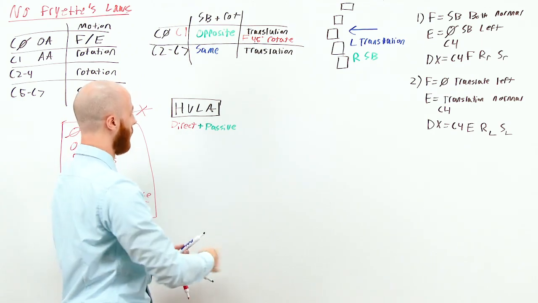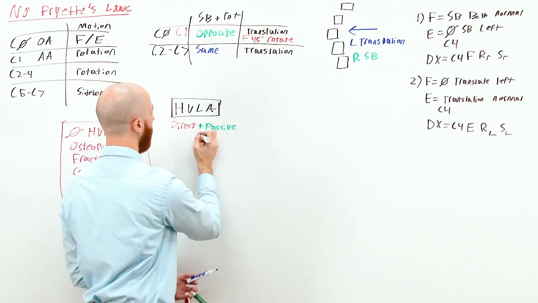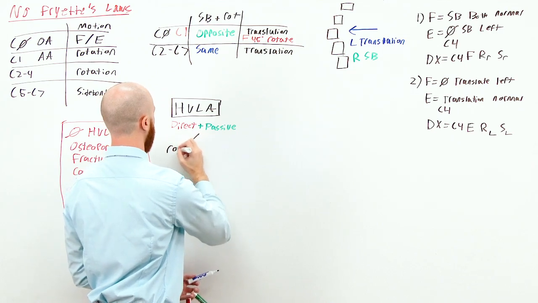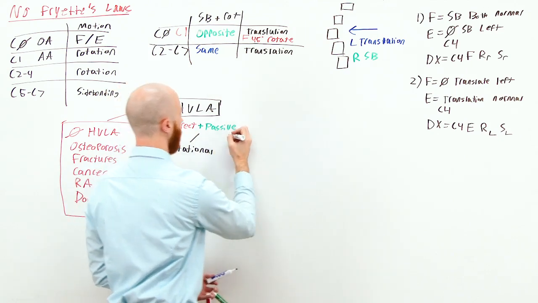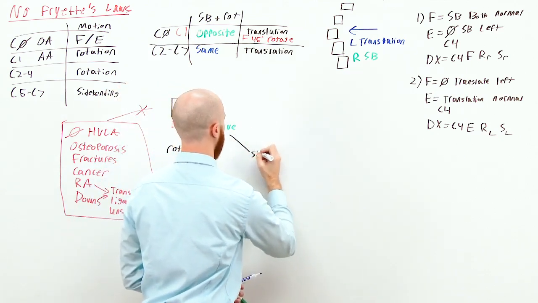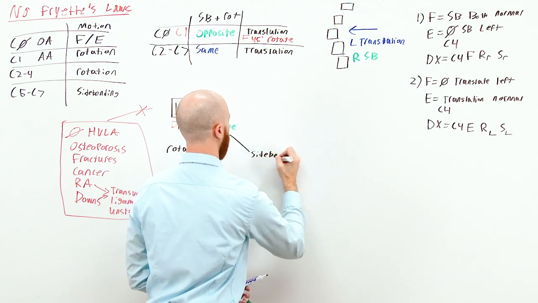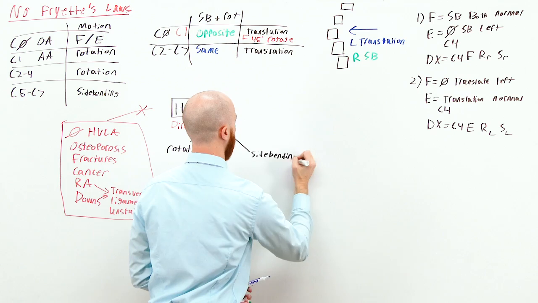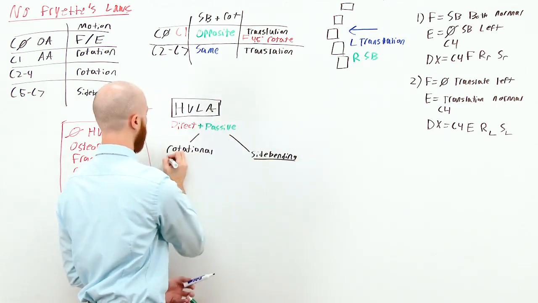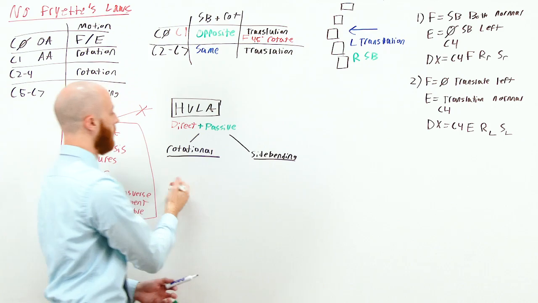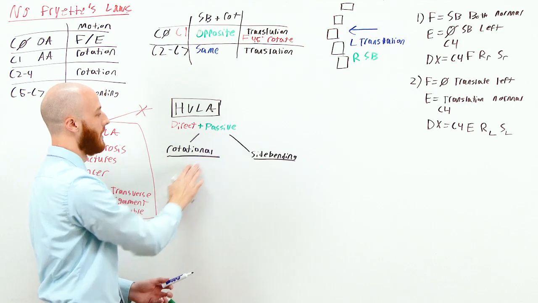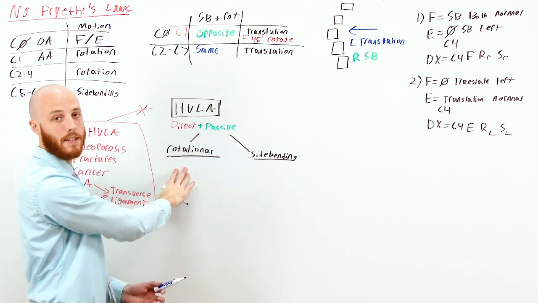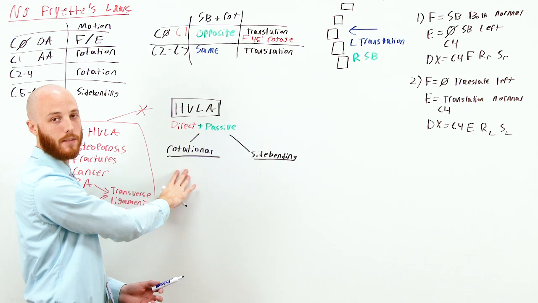You can have rotational HVLA and you can have side bending HVLA. Both of these treatment styles are very similar in that they're direct and passive, but the setup is just slightly different, and I'll go through an example with the cervical spine.